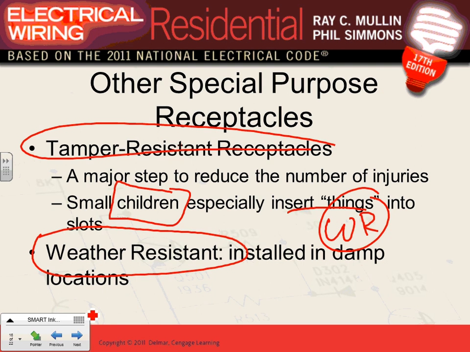In our project, that will be typically all the receptacles outdoors at the swimming pool. The weather-resistant ones are made out of material that does not deteriorate with dampness, heat and cold weather. I open a receptacle outdoors to troubleshoot it, and it falls apart in your hand.